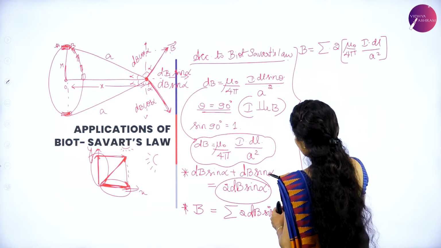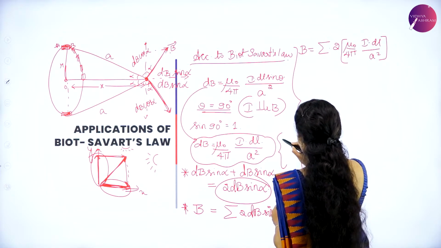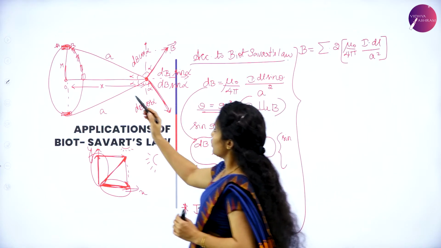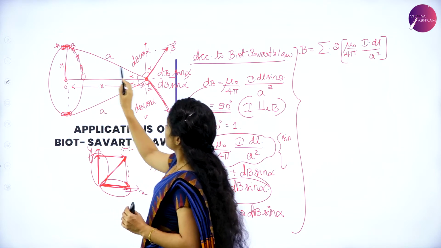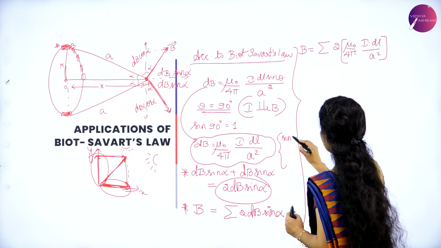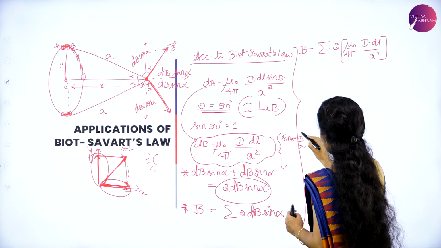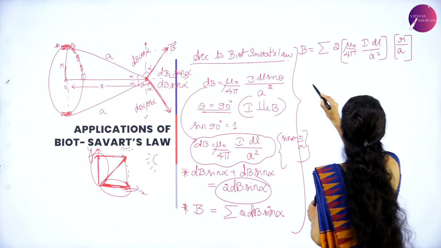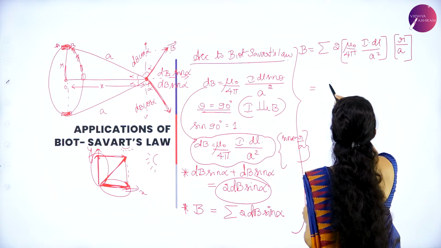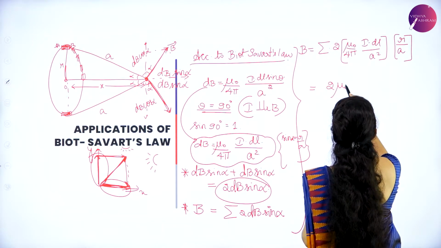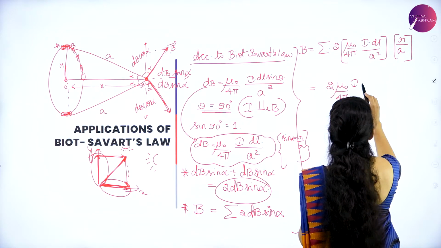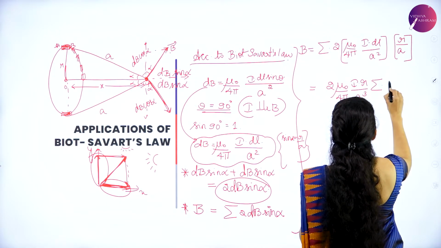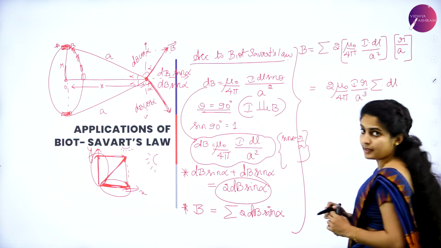And what is sine alpha? You know that sine theta is opposite by hypotenuse. So opposite is your r, hypotenuse is a. So sine alpha is r by a. Sine alpha is calculated as r by a. So taking common 2 mu naught by 4 pi I r by a cube, summing up all the dl terms.